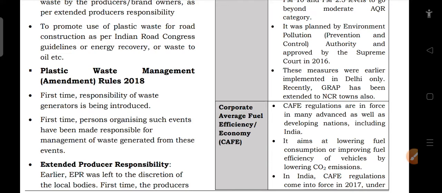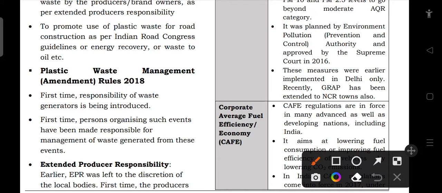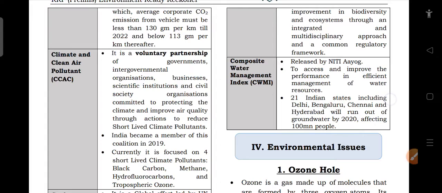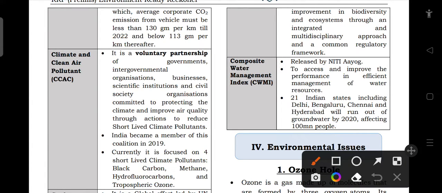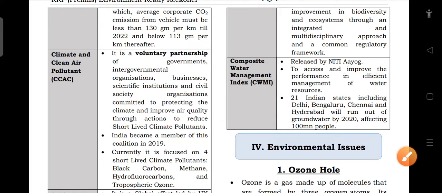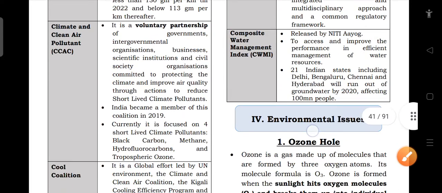So they will reduce the emission and increase the fuel efficiency. In India, CAFE regulation came into force in 2017. Under that, the average corporate carbon dioxide emission from vehicles must be less than 130 gram per kilometer till 2022, and it has to be further reduced to 113 gram per kilometer after 2022. So this is about the CAFE regulation in India.